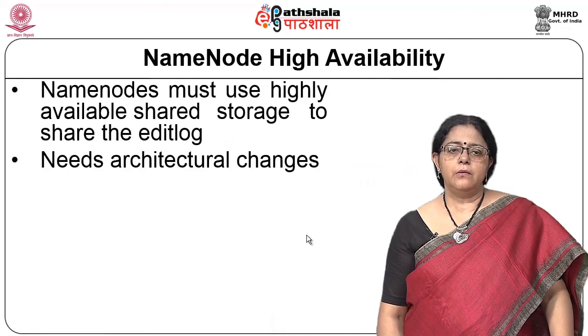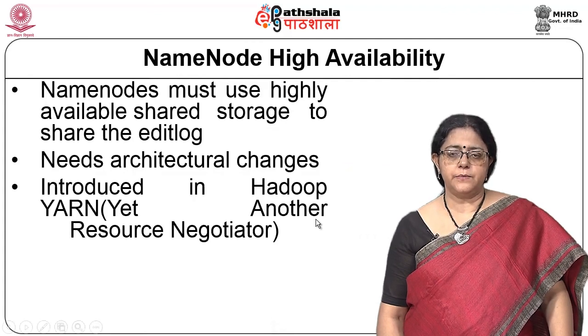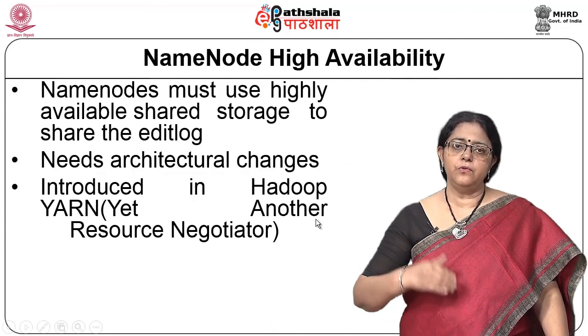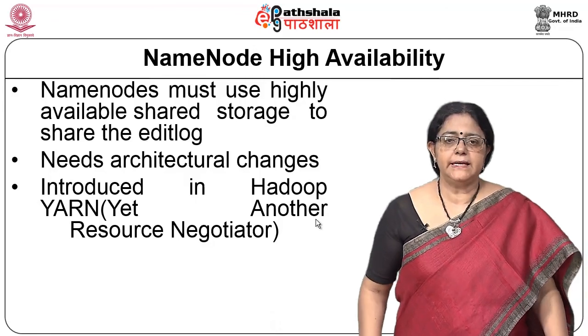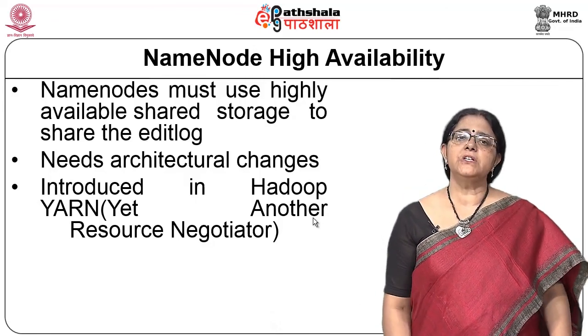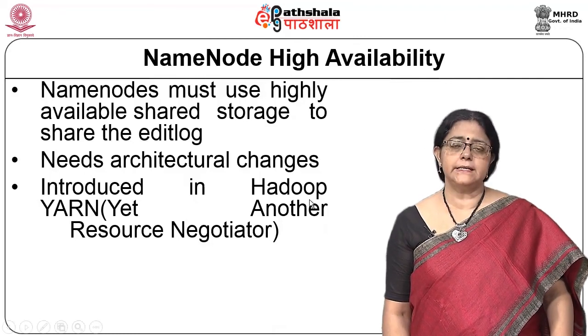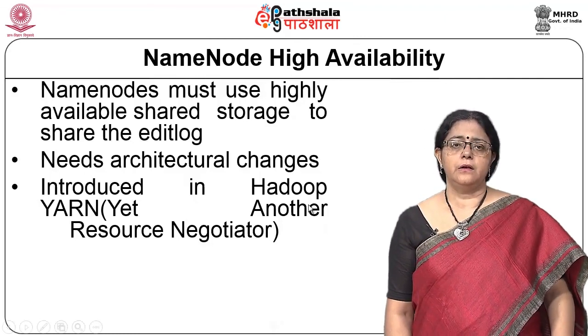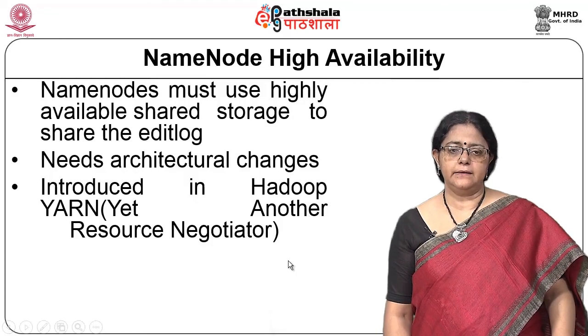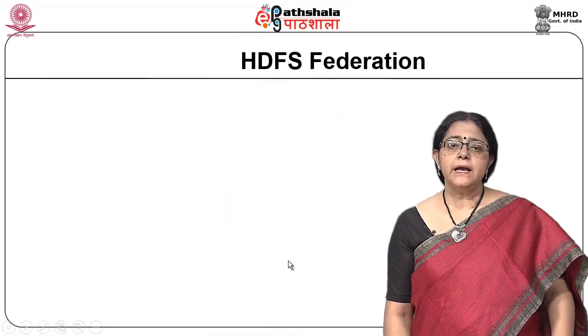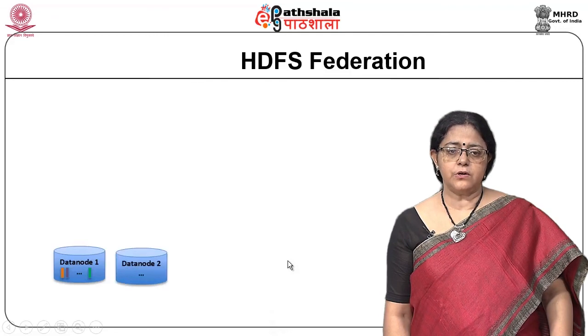So, whenever there is a problem with the active name node, the standby name node immediately takes over. This is a feature that has been incorporated in the new recent version of Hadoop called YARN, yet another resource negotiator.